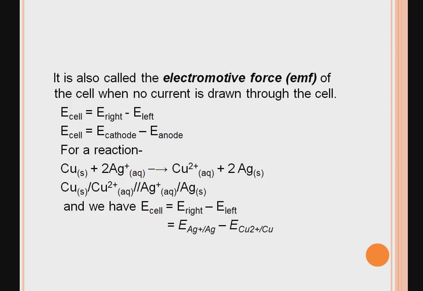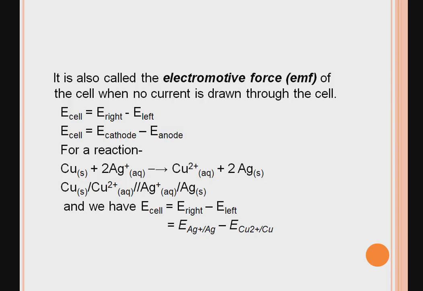Let us take an example. For a reaction copper plus 2 Ag ions to copper ions plus 2 Ag, the cell can be represented like this: Cu changes to Cu2+, then two vertical lines represent a salt bridge, Ag+ changes to Ag.